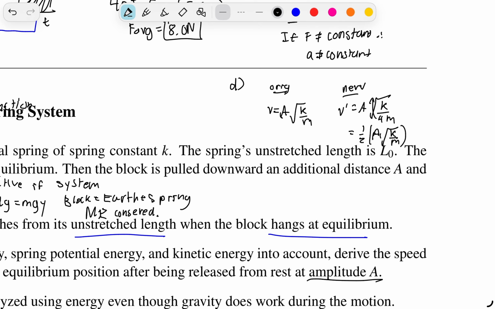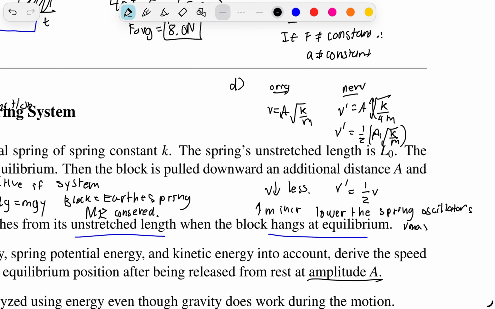So you can see the only thing that changed was you scaled by a factor of 1/2. So v prime in comparison to v is just 1/2 v. So we can see that your v decreases, it's going to be less. That's because we increased the mass. And increasing the mass is going to lower the spring oscillator's v max for the same amplitude that you displace it from equilibrium.